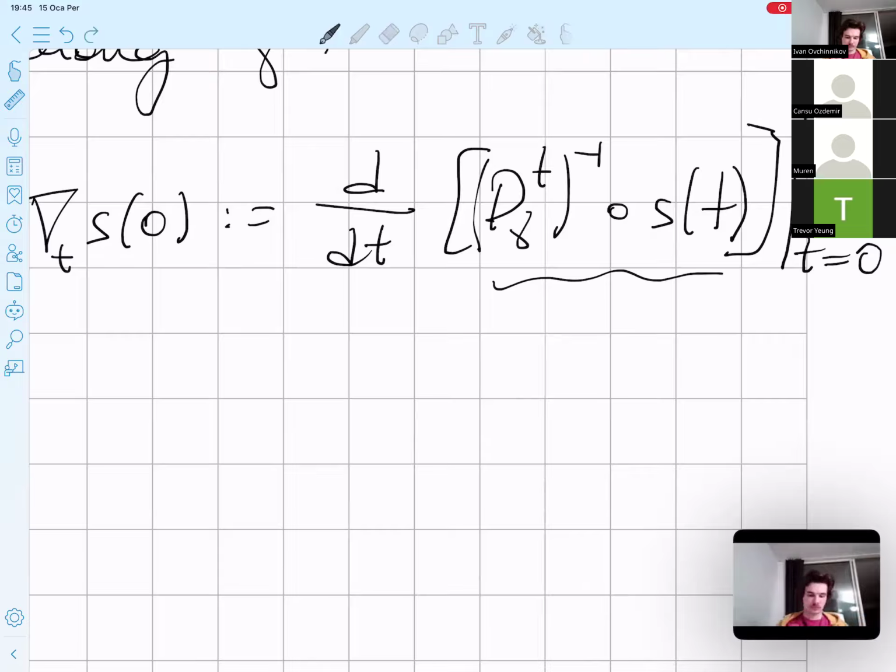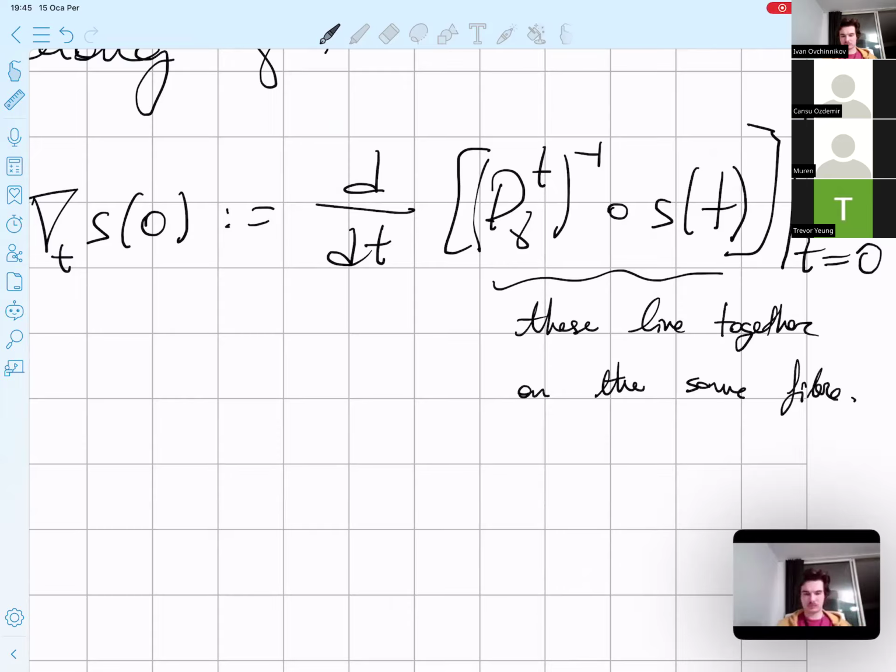These live together on the same fiber. Indeed, I don't even have to say this because this is a single thing. So you have to realize that this is actually a single thing. So it lives on a fiber. So we're good.